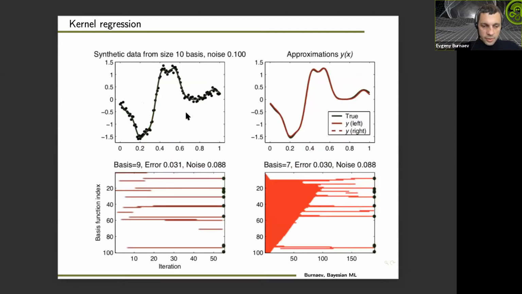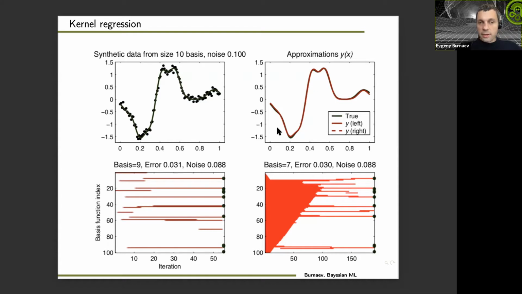These are some interesting results of how the algorithm works. This is our synthetic data, and this is the approximation we get.